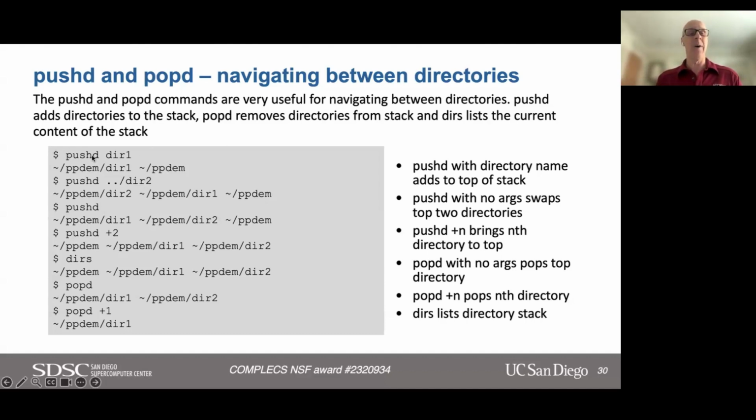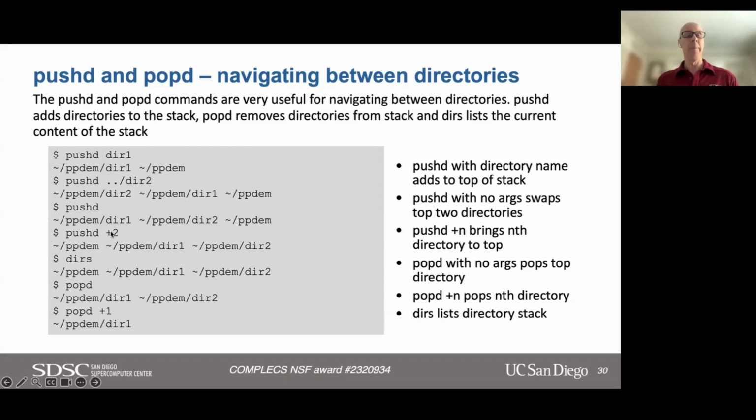So let's say we start off, we do pushd dir1. We see now that directory 1 has been pushed to the top of the stack, and just below that is directory ppdem. Now we can push another directory onto the stack. You can see in the second output that we have 3 directories on the stack. If I do pushd without any arguments, it's going to swap the 2 on the top.